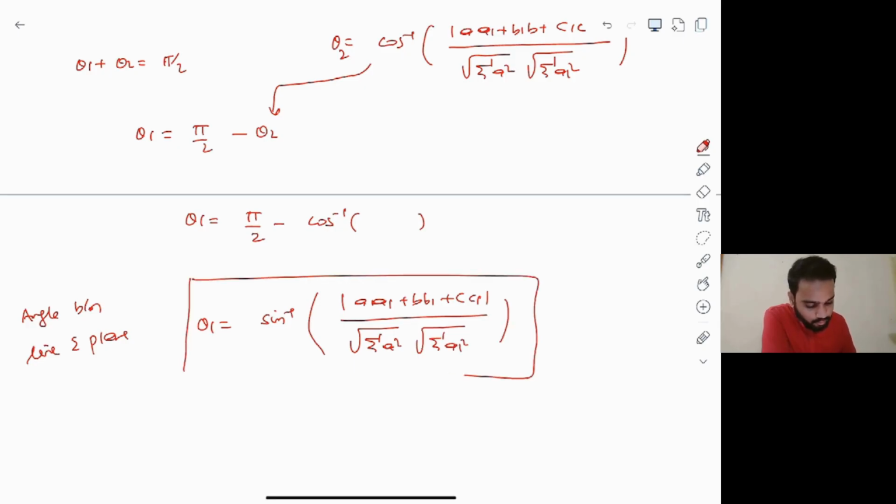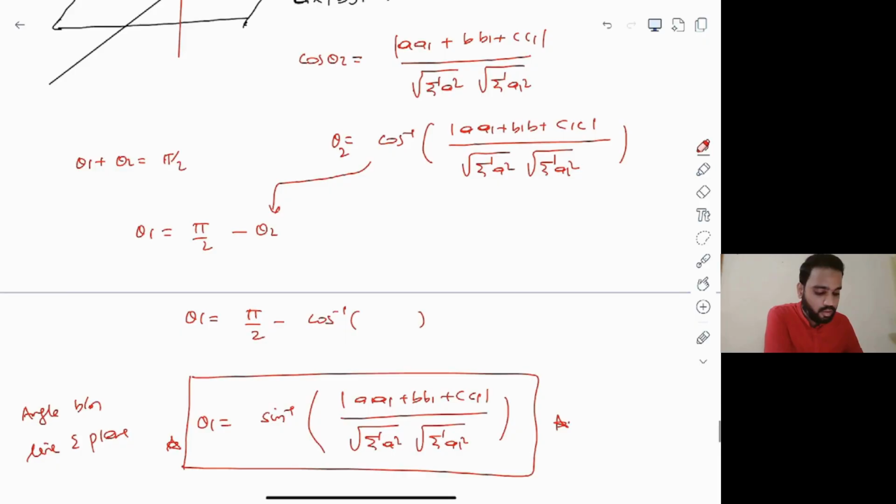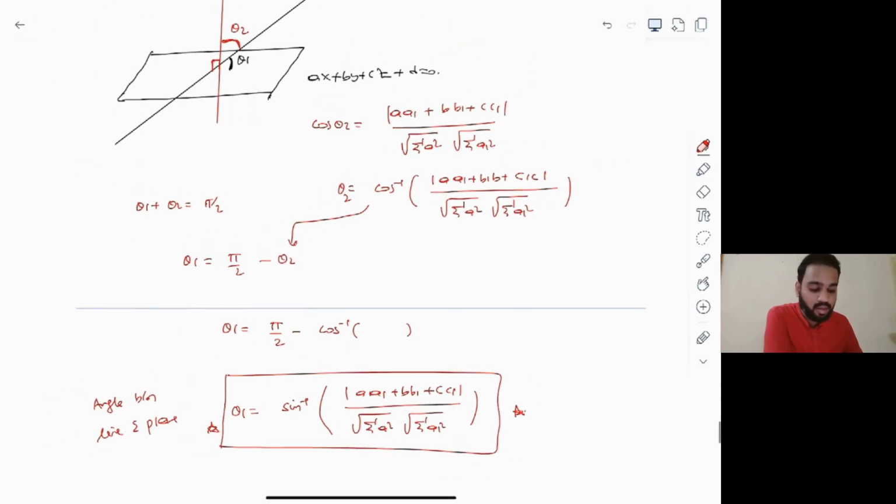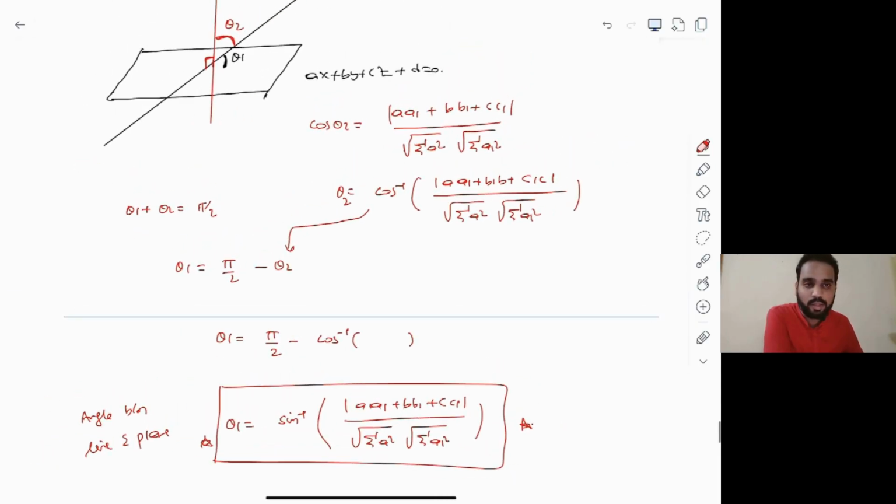So this is your final formula to calculate the angle between the given line and the plane. And what are A, B, C and A1, B1, C1 here? They are nothing but the DRs of the normal and the given line respectively.